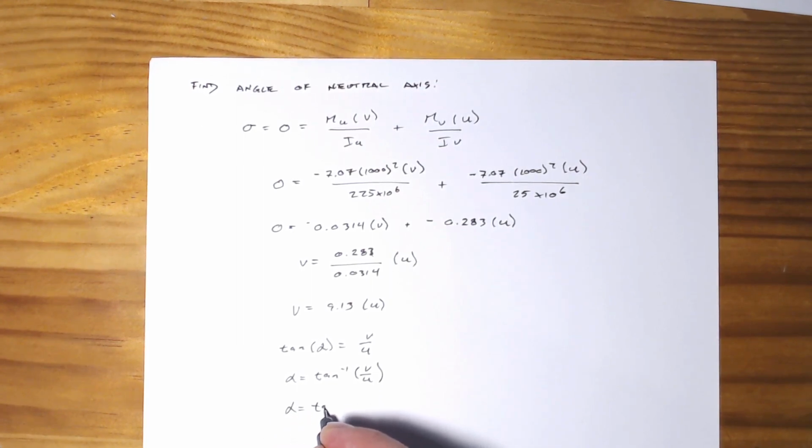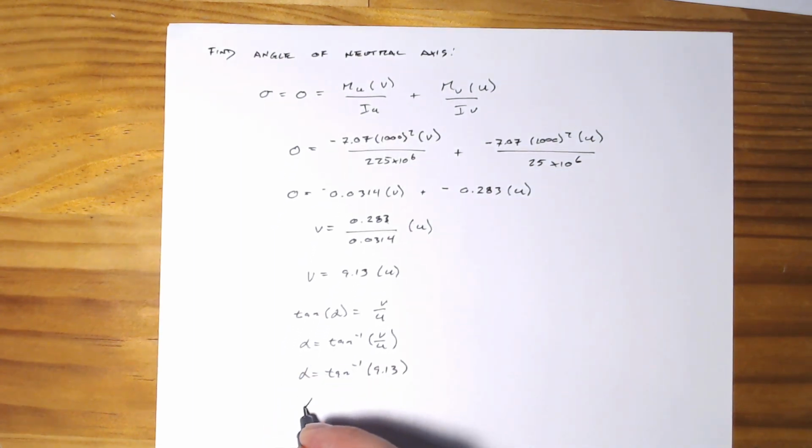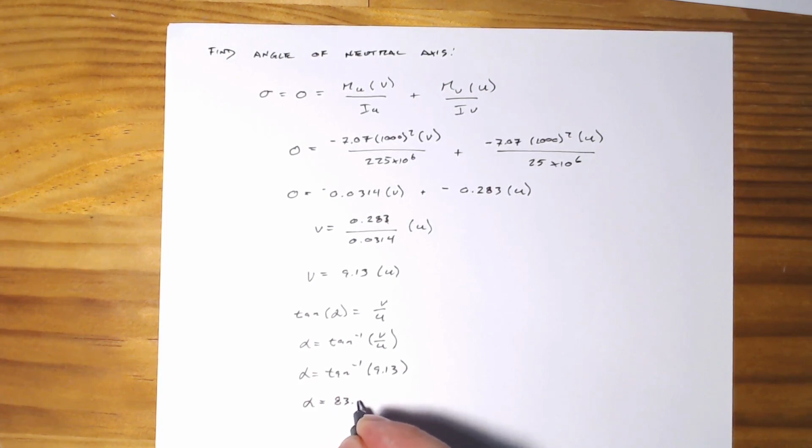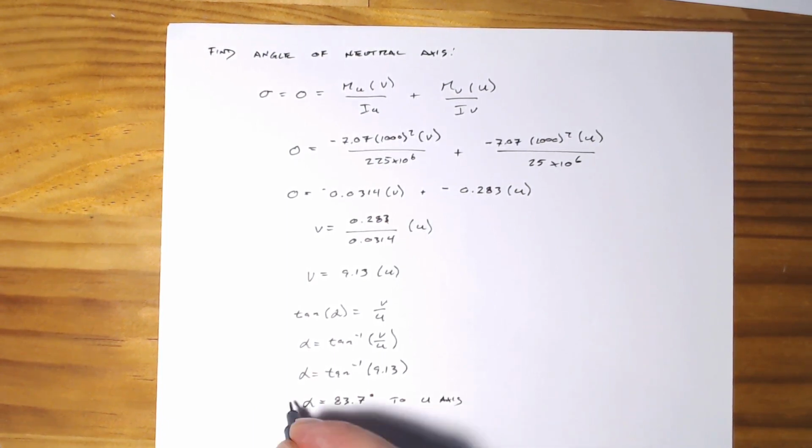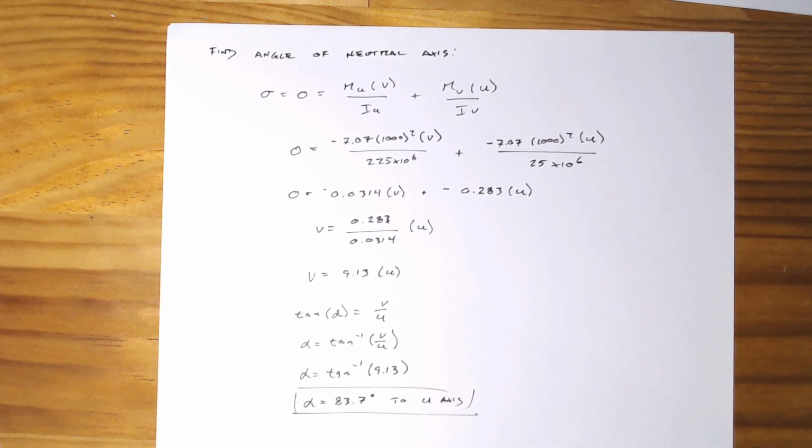Alpha equals tangent negative 1 of 9.13. And so alpha equals 83.7 degrees to the u axis. So that's one way to find it.